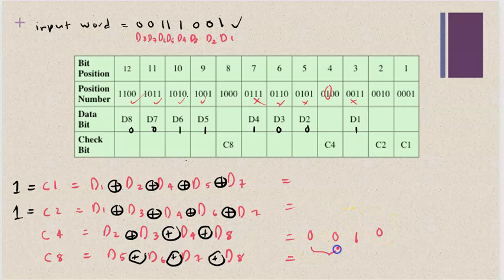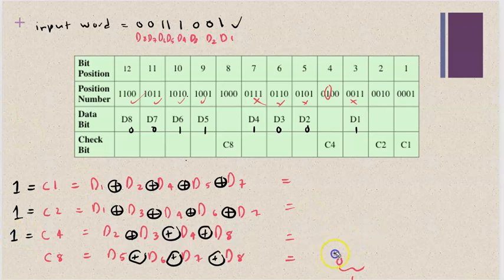Okay, so 0 and 0 will give me 0, then 1 and 1 would give me a 1. 0 and 0 would give me a 0. 0 and 1 would give me a 1. And 1 and a 0 would give me a 1. So the check bit assigned to C4 would also be a 1.